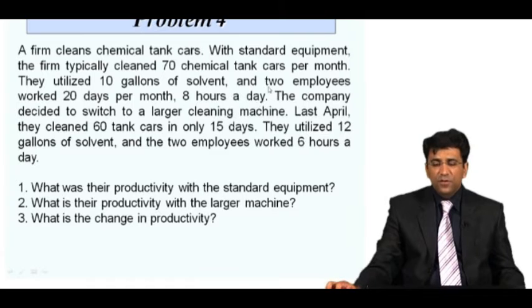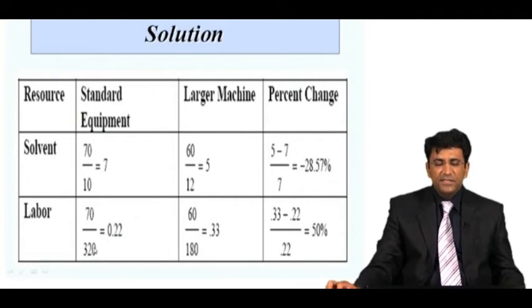So what we will do is multiply 2 by 20 and then by 8, that is 2 multiplied by 8 multiplied by 20. This will give you the total input as 320, and in this way we can calculate the labor productivity with the standard equipment.